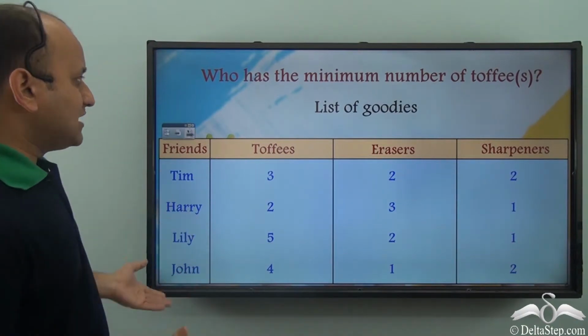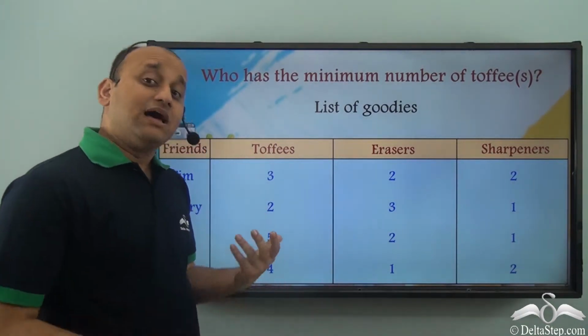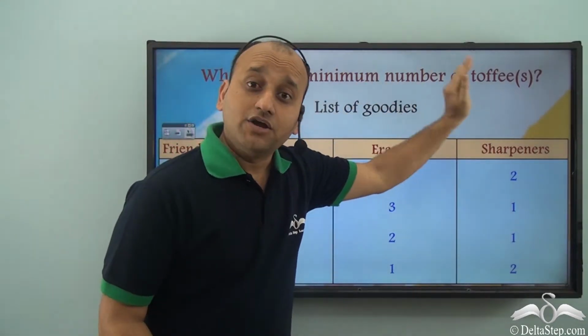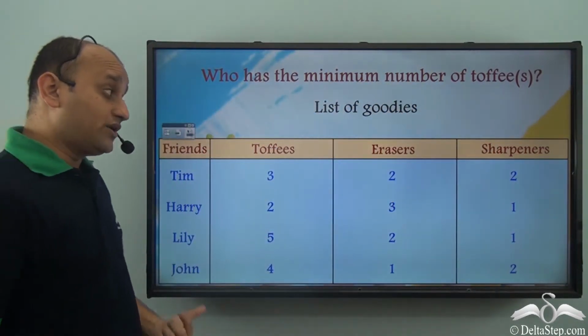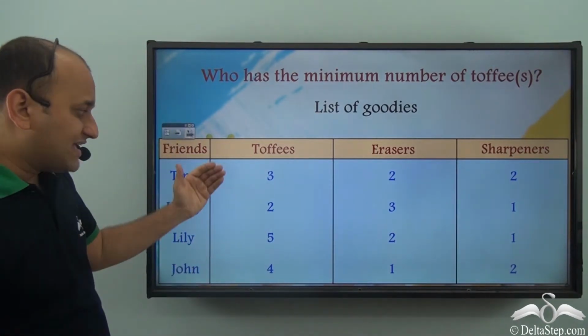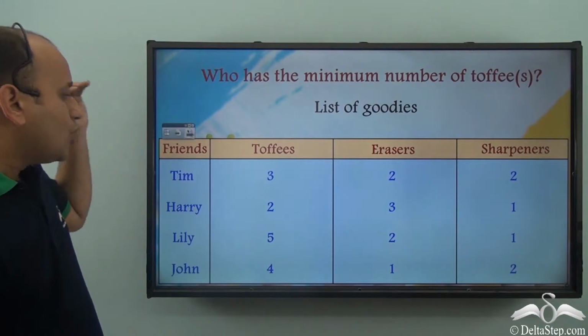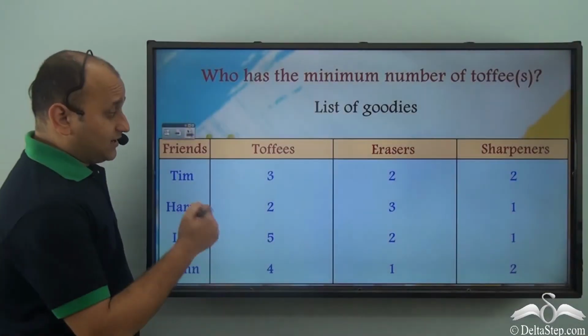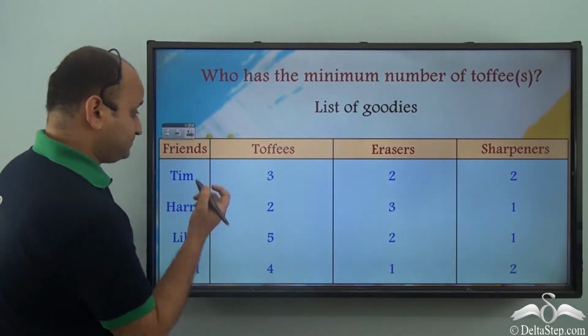Now, can you tell me, using the same principle, who has the minimum number of toffees? So here you need to find out the minimum number of toffees. So try that once and try to find out who got the minimum number of toffees.